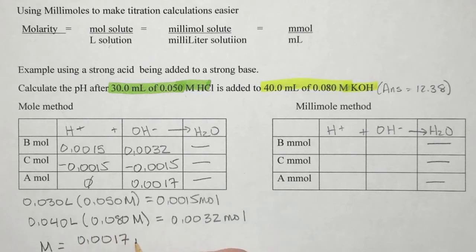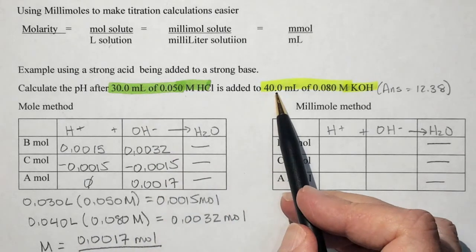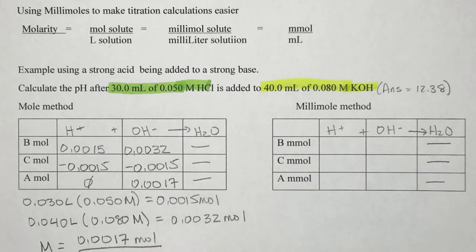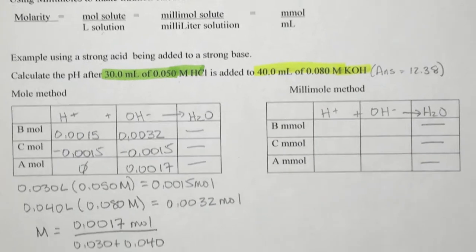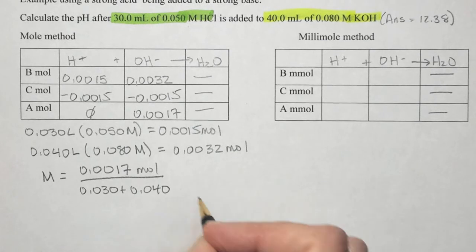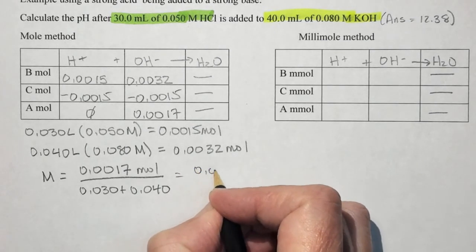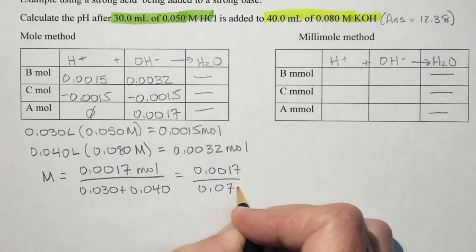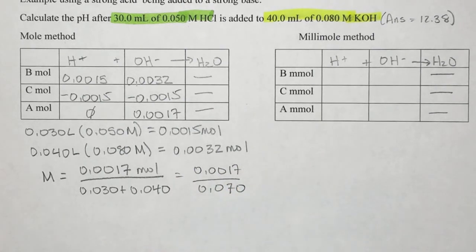All right, now I'm ready to figure out my molarity, and I'm going to take 0.0017 moles and divide it by my total, and that was 30 plus 40, but I have to remember to put it into liters, so that's 0.030 plus 0.040. So that's going to be equal to 0.0017 over 0.070, lots of zeros.